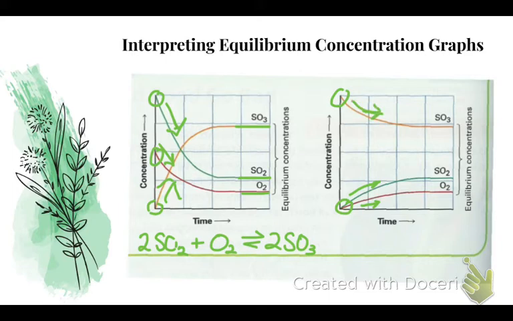And again, you can see they all level off at the same concentration as they do in the forward reaction. So the concentrations of each species may be different, but at equilibrium, the concentration of each species stays constant. So this is what that is showing you in these particular graphs.